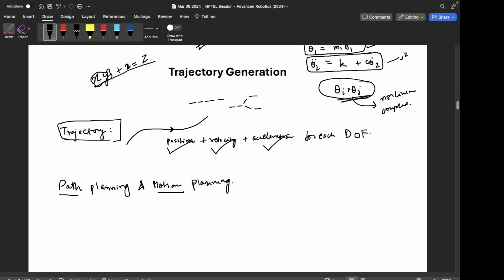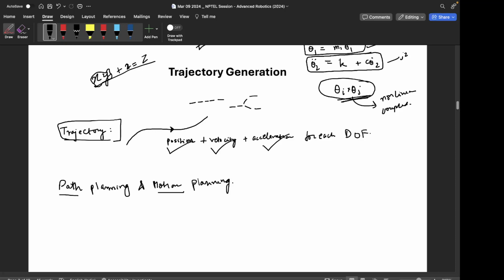In motion planning, you are considering timing also. And in path planning, you just want to move around from one place to another. Loosely, yeah. Like catching a ball should be motion planning, and picking and placing an object should be path planning. I would not entirely agree with that, because in most cases both of these things are involved, right?